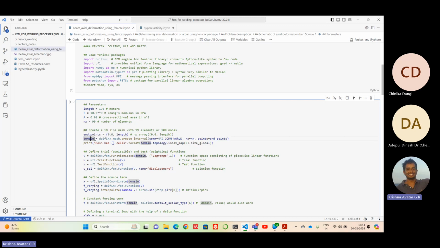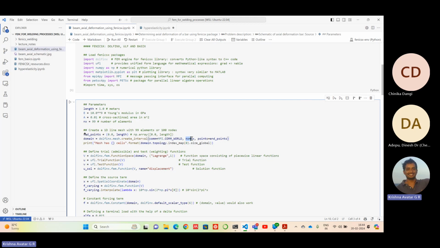Now we construct the domain, or we can also call it the mesh. Since domain discretization is a part of FEM, that's the reason we use the Dolphin package. So dolphin dot mesh dot create interval. We define a communication network, which is MPI.COMM_WORLD. We just have to do this because that's how the newer Phoenix has been designed.